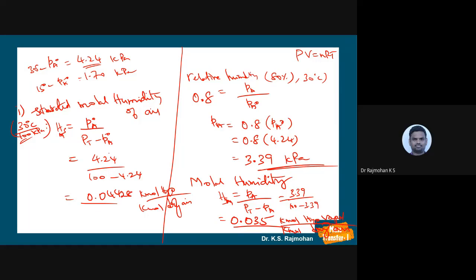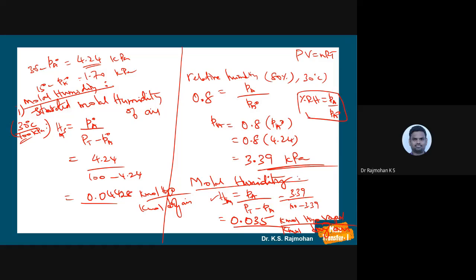Now the first part is over: calculate the molar humidity. We have determined the molar humidity. How have we determined it? We cannot directly substitute to get the molar humidity. The formula is partial pressure by total pressure minus partial pressure. How to get the partial pressure? We have the data of relative humidity. By the relative humidity formula, percentage RH is equal to Pa by Pa naught.